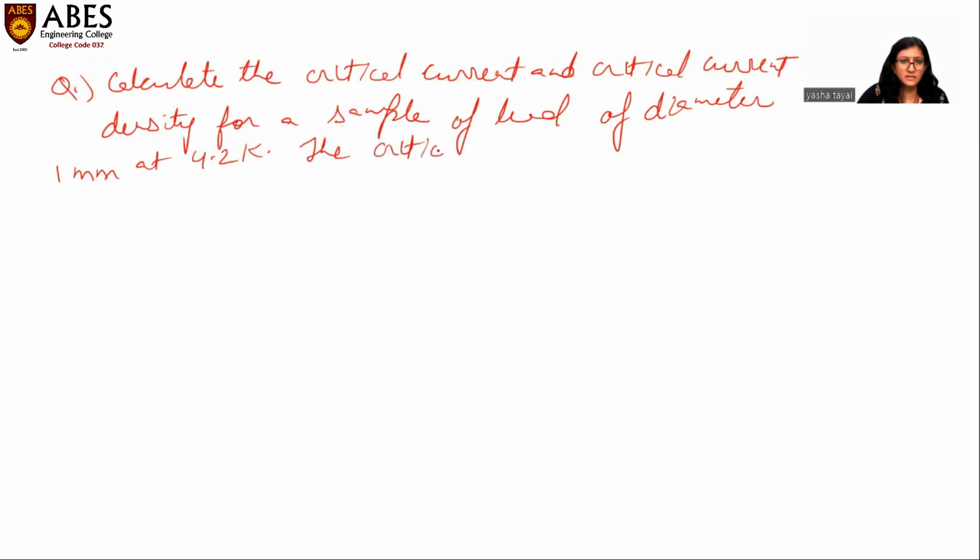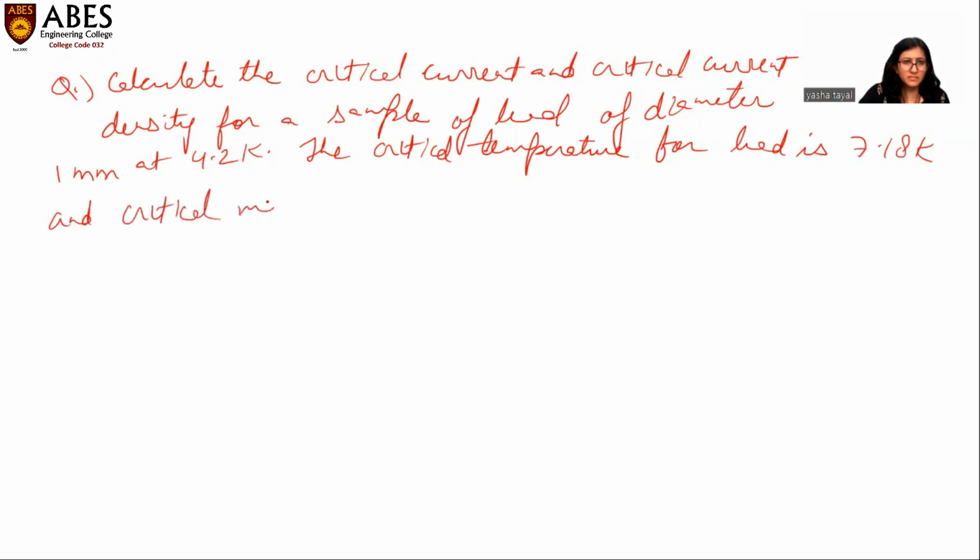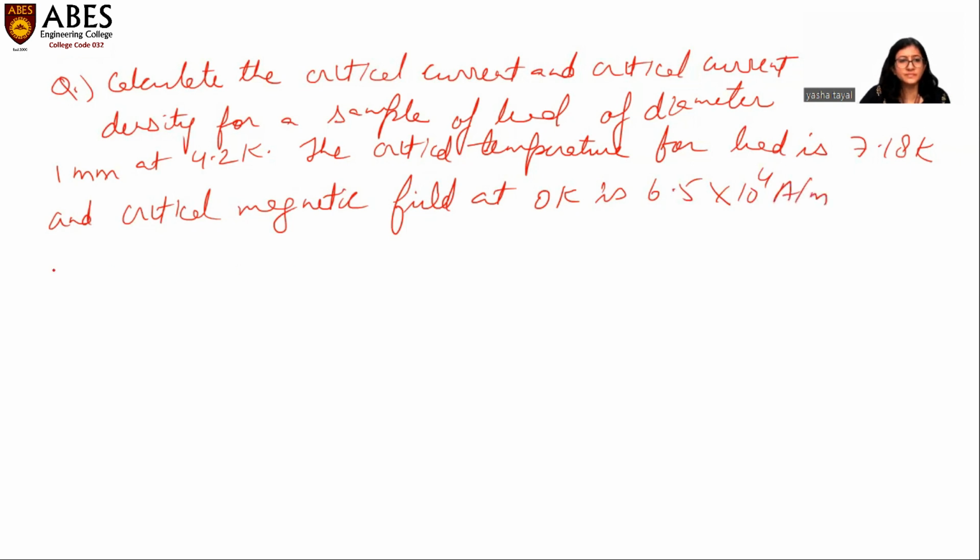The critical temperature for lead is 7.18 Kelvin and critical magnetic field at 0 Kelvin is 6.5 into 10 to the power 4 amperes per meter.